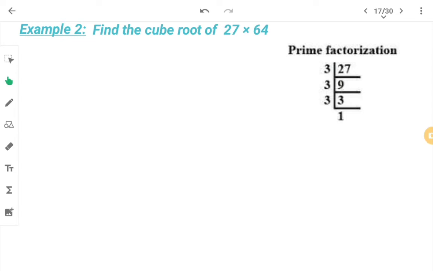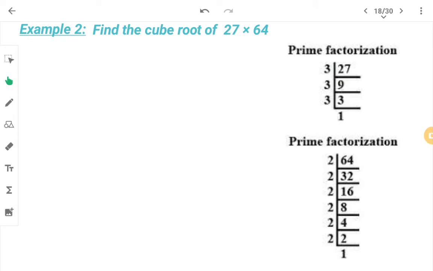And next we are going to find the prime factorization of 64. So 2 into 32 is 64, 2 into 16 is 32, 2 into 8 is 16, 2 4s are 8, 2 2s are 4.